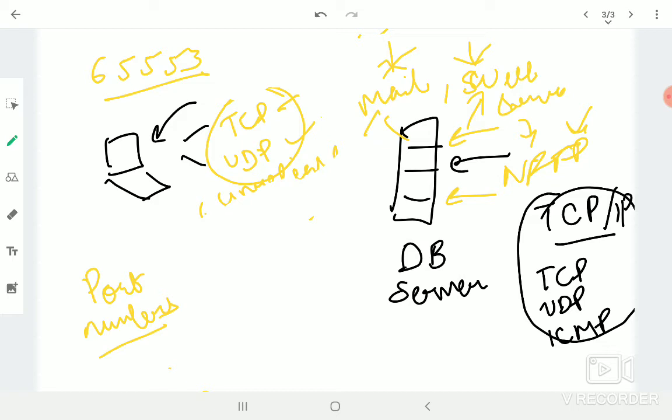For example, in general, web servers will accept connections on port 443 and port 80, HTTPS and HTTP. Mail will have its own port number. FTP generally accepts connections on 20 and 21.